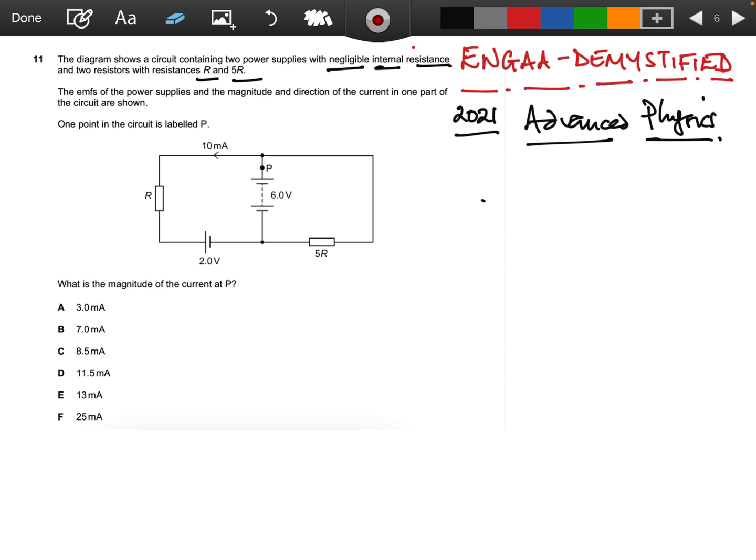Just looking at this problem, they want us to work out the current going through P. We would be fair to say that the sense of direction of the current in our other loop that's not labeled would be going to the right, like so. So what are we going to apply here?